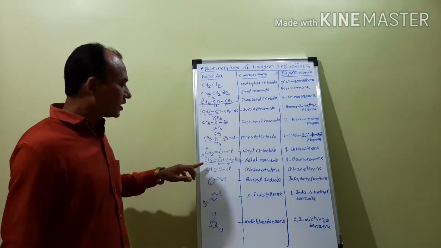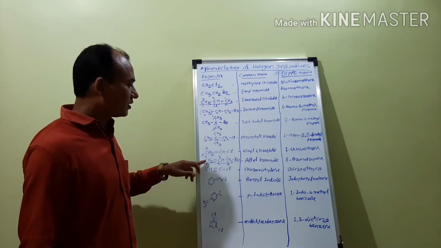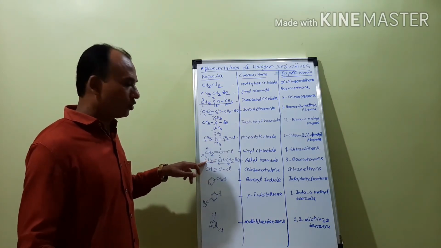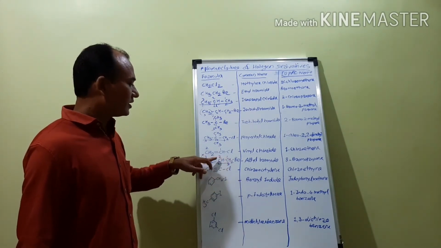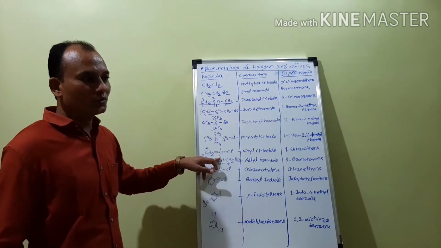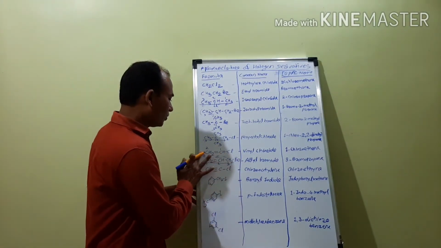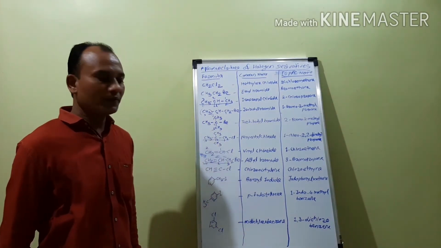So if we number from the left hand side, the double bonded carbon atom has number 1, the lowest possible number, and if we number from the right hand side, it has number 2. So this one is the correct numbering and this one is wrong. We have to give the numbering from this side: 1, 2 and then 3.